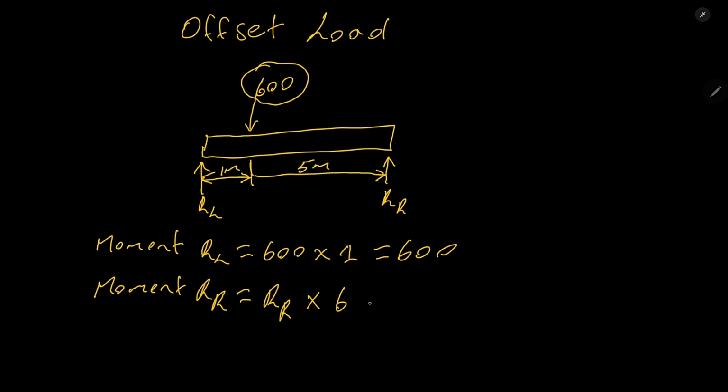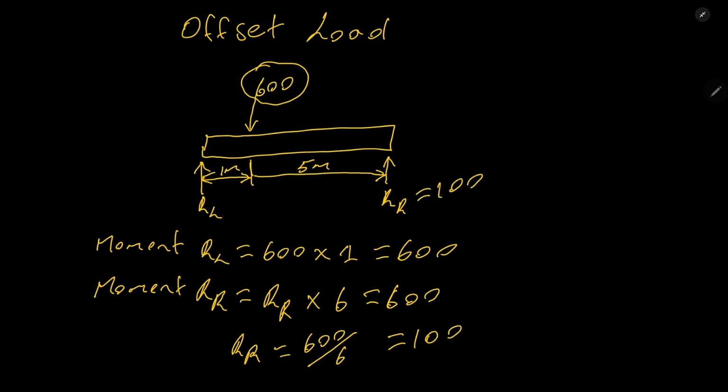This is going to be equal to the value that we have here, which is the 600. And again, we need to make RR the subject. So how do we do this? RR is equal to 600 divided by 6, and that will give us a value of 100. So the reaction at RR will be equal to 100.